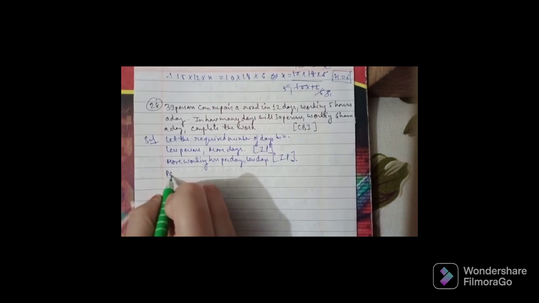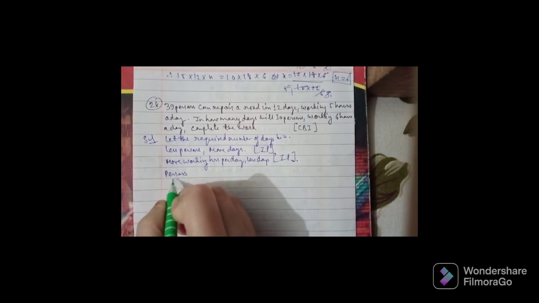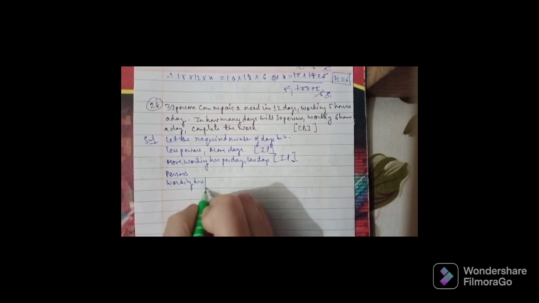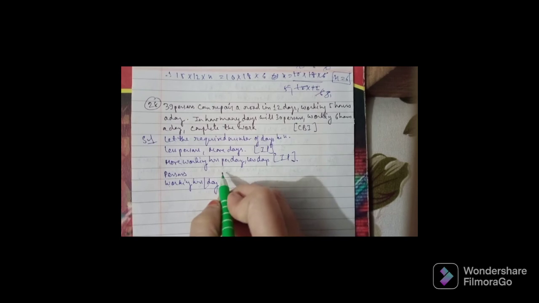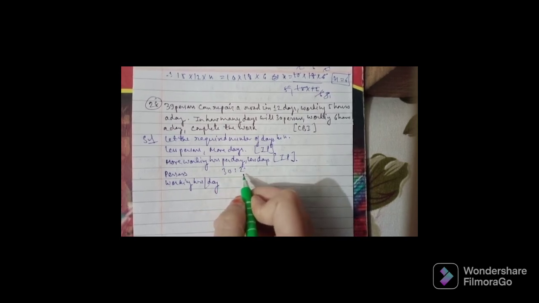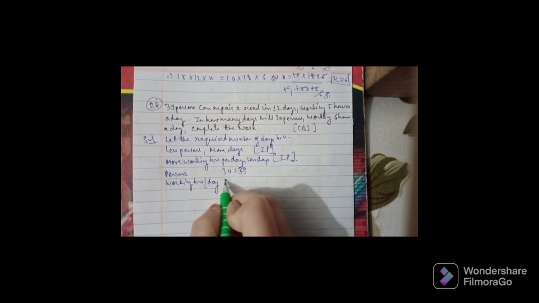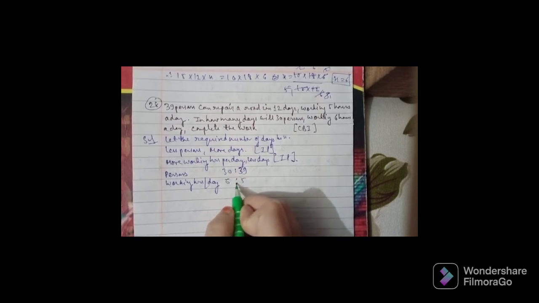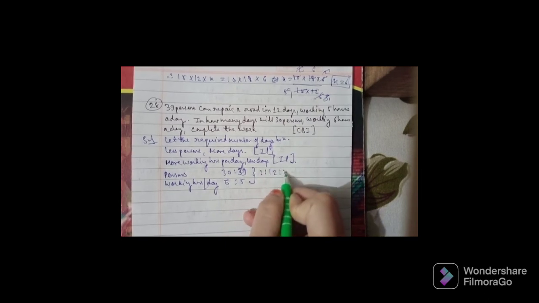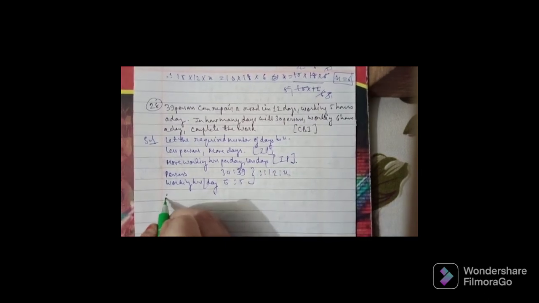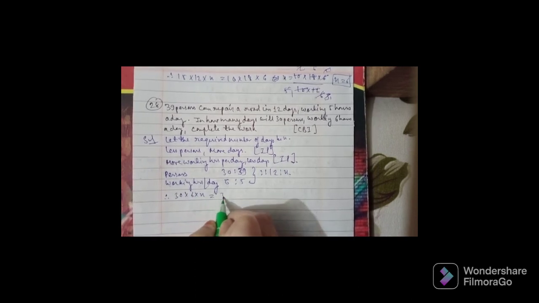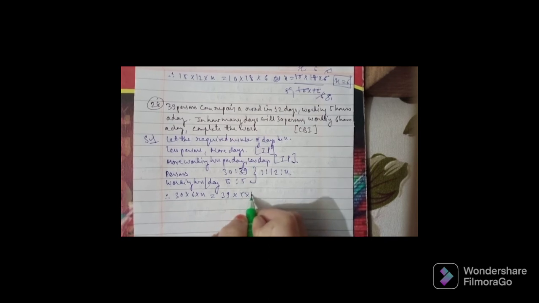So persons and working hours per day. This is 30 ratio 39, 6 ratio 5, 12 ratio X. 30 into 6 into X equals 39 into 5 into 12.